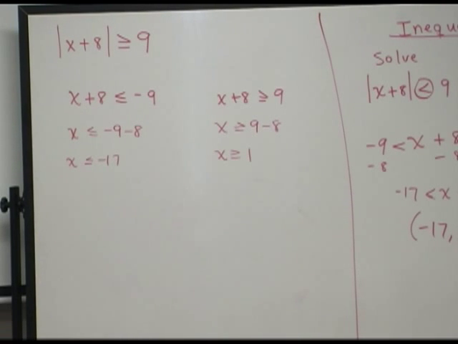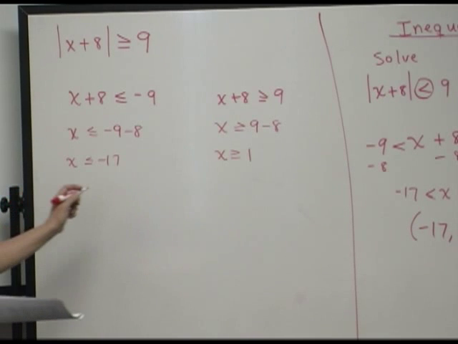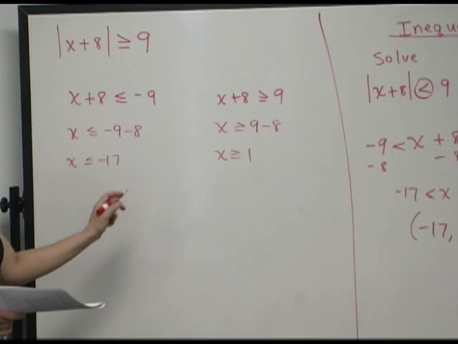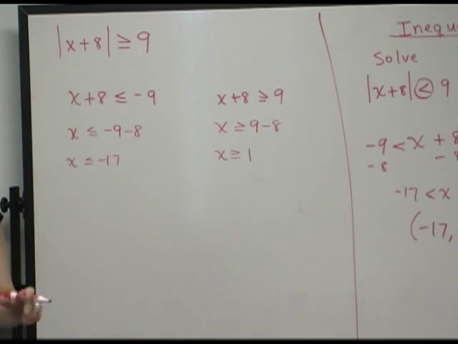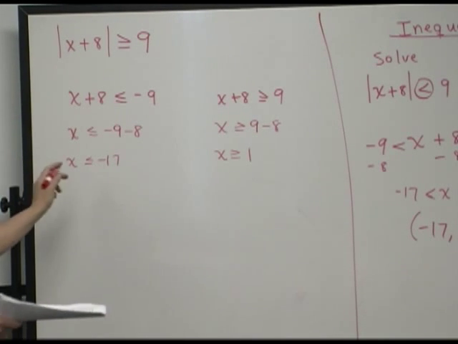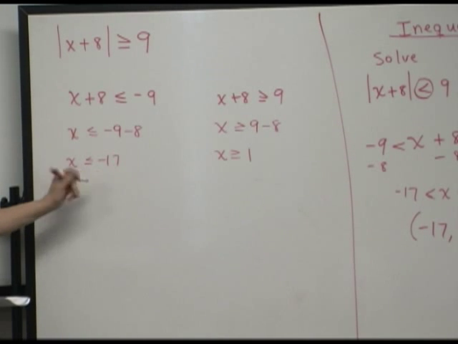Now we have to write an or compound interval notation for the solution set. What's that going to be? Now remember, when you're going to write the interval notation, sometimes it helps to graph. Sometimes this says that it's going to be everything before negative 17, right?